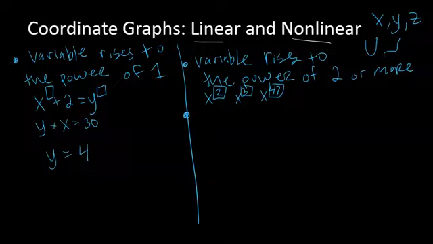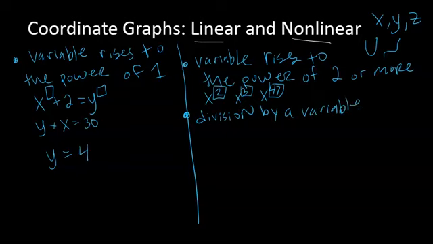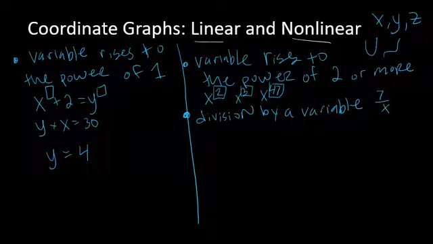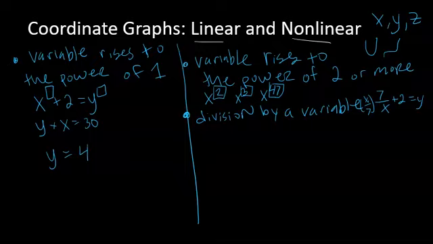What else? Well, it's division by a variable. What does that look like? Maybe 7 over like x, right? And so when you're trying to isolate things, how about plus 2 equals y? And let's say you're trying to get x by itself. Well, you're going to have to divide or multiply, right? You got to do this little guy. So it's an indicator that it's going to be a wiggly outcome, like when you draw and sketch it.